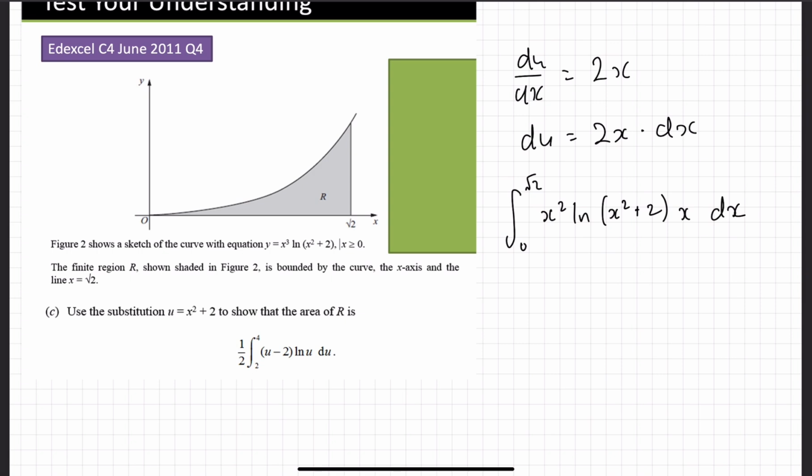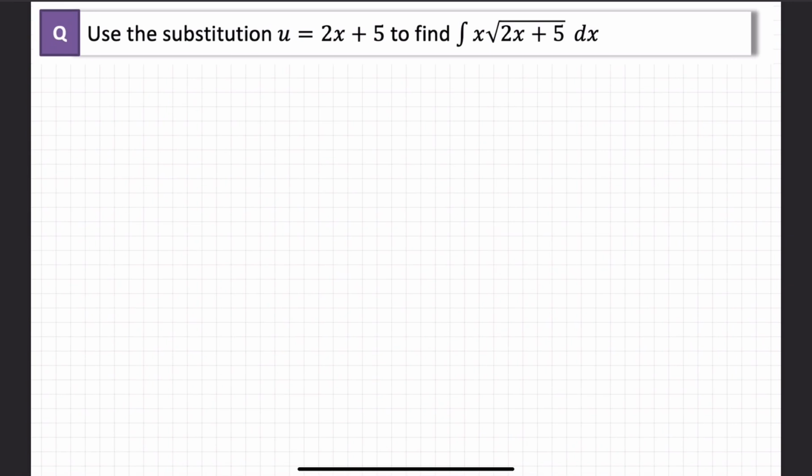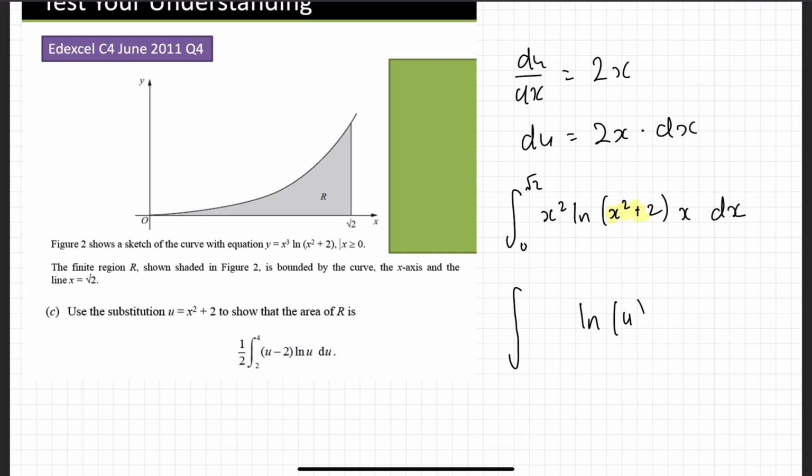Where is this coming from? Well, let's have a look at it. So we've got, that becomes u. So what is x squared times x?